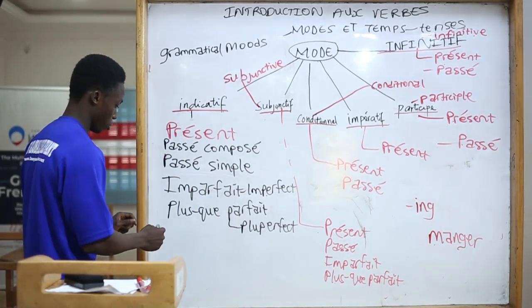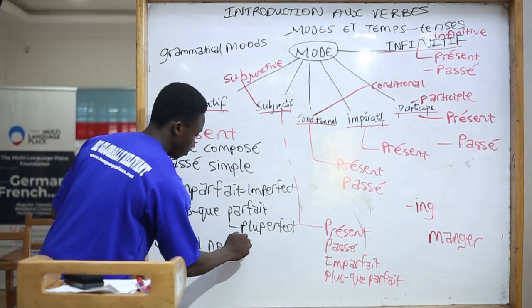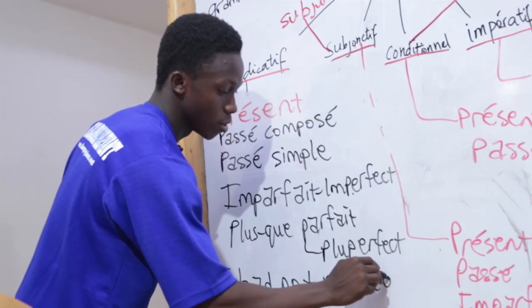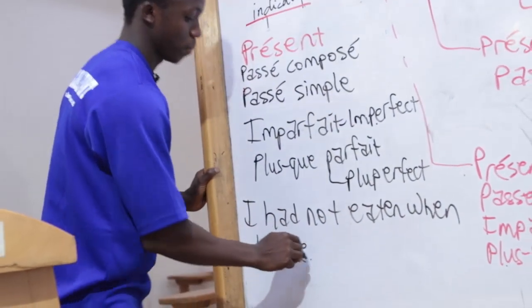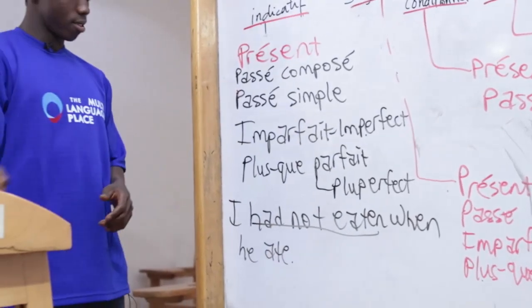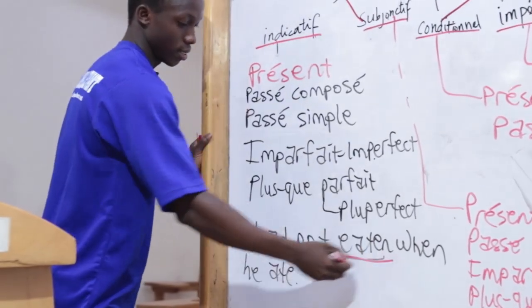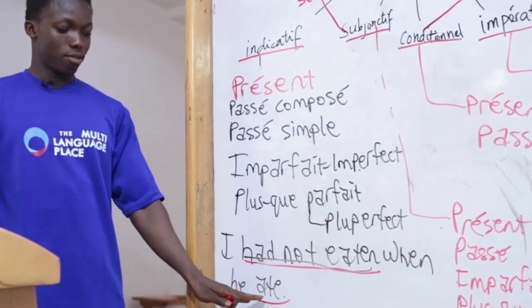For example, let me write it on the board. I had not eaten when he ate. This is past, while this is also past. But this is normal past.